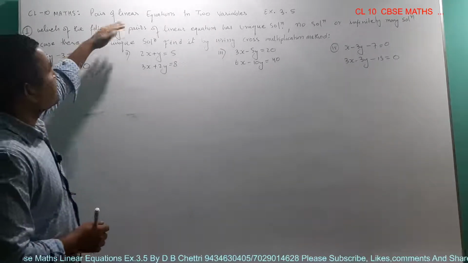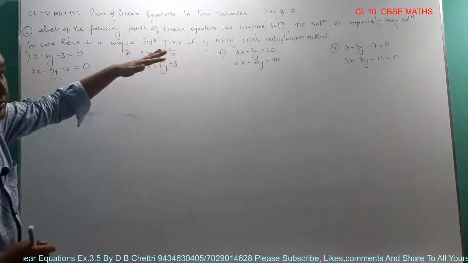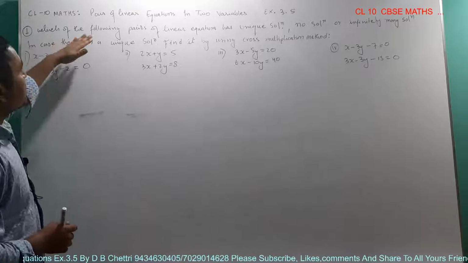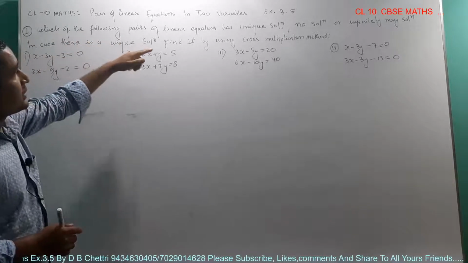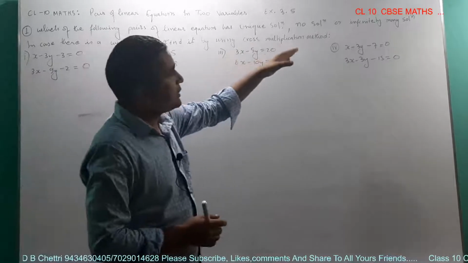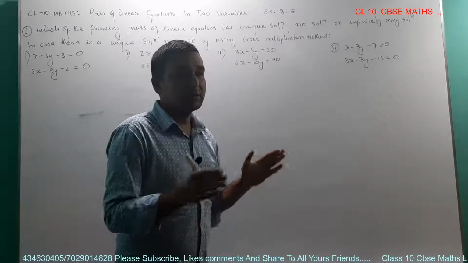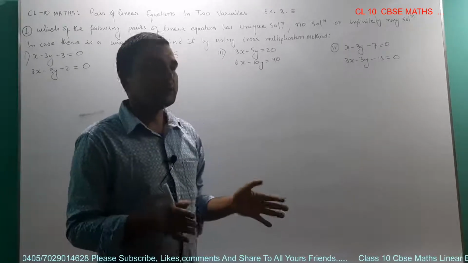Now today we are going to start exercise 3.5 from the NCERT book. Which of the following pairs of linear equations has a unique solution, no solution, or infinitely many solutions? The first question asks to check what kind of equations these are.